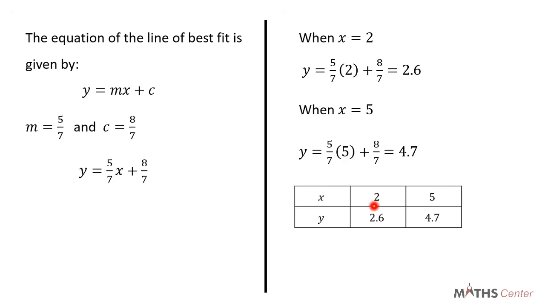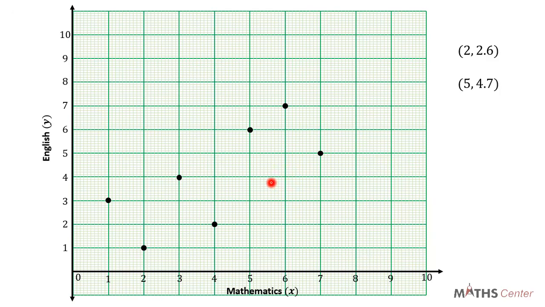Okay, so we are going to plot these 2 points on the graph sheet. Here is my scatter diagram. The points I'm going to plot are 2, 2.6, and 5, 4.7. So the first one is 2, 2.6. So 2 on the x-axis, 2.6 on the y-axis. That will be here. The next one is 5, 4.7.